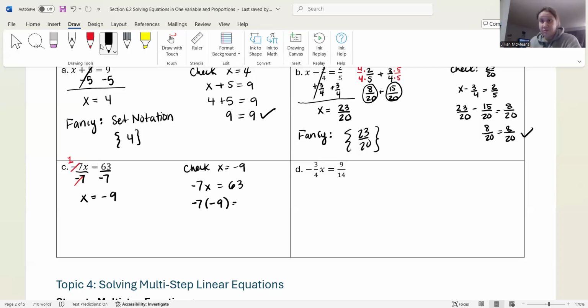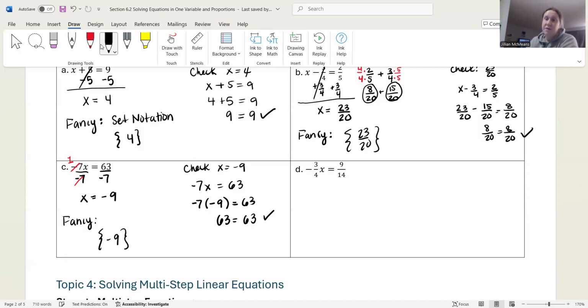Those parentheses basically become just multiplication, and they hold that negative with that 9 together. And then -7 times -9, we know we're going to get a positive, and then 7 times 9 is 63. So we get positive 63 equals positive 63. Everything checks out. We make our answer fancy.